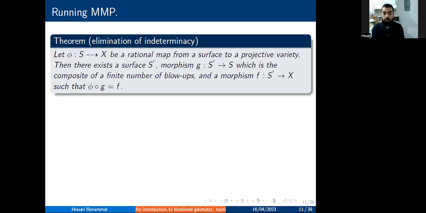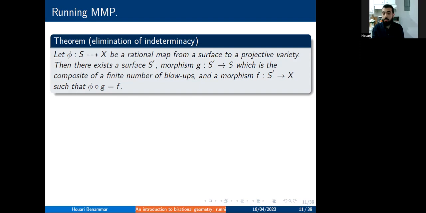Yes. Let's discuss some basic theorems. Let there be a rational map from a surface S to a projective variety X, that means a map which is not everywhere defined.